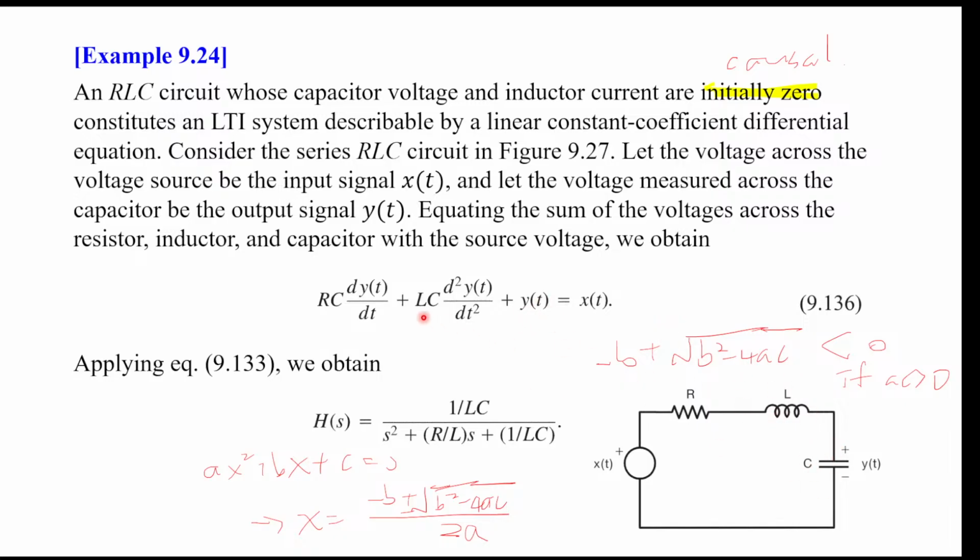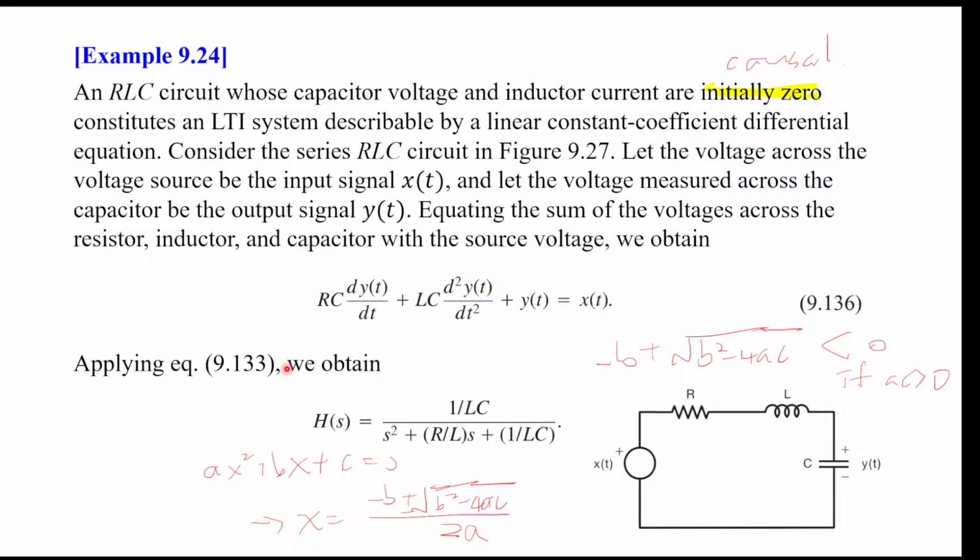The voltage for the resistor will be R times the current through it, and the current will be C dy/dt. And the voltage for the inductor, if you do the physics, will be LC d squared y/dt squared.